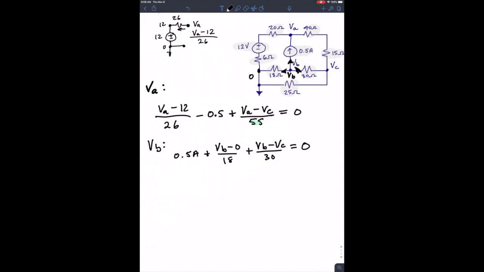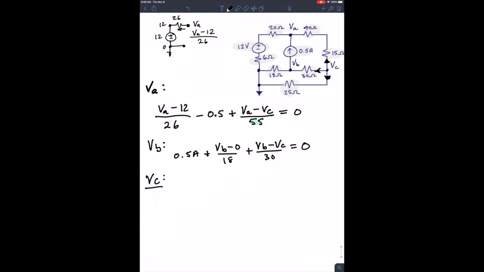And for the last node, VC. Erasing all these. We have this current coming up, the current coming back to the left, and the current coming back down.